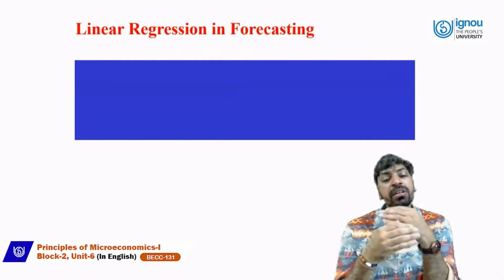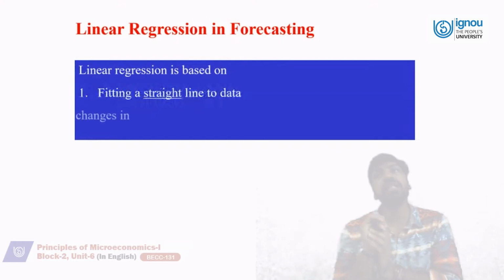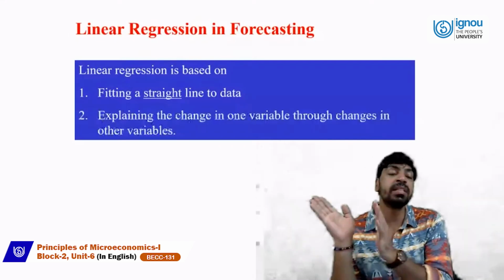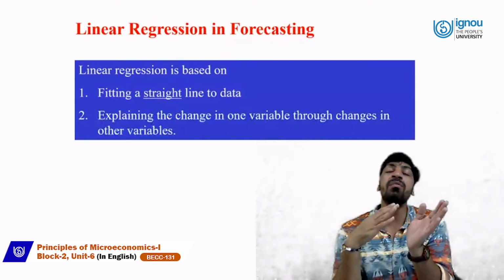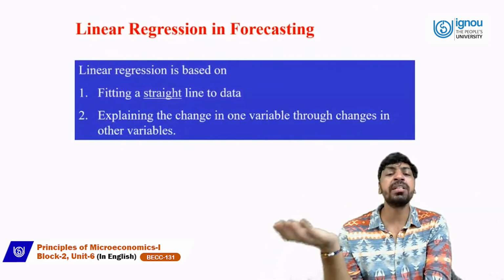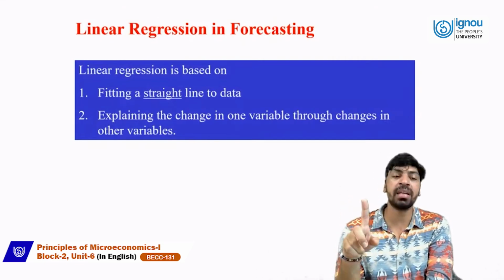And while studying the relationship in forecasting, there are various mathematical formulas which have been shown. So linear regression always portrays a straight line that fits into a data. It explains the changes in one variable due to the changes of other variables. If there is a change in the values of another variable, it automatically impacts the change in that one variable.